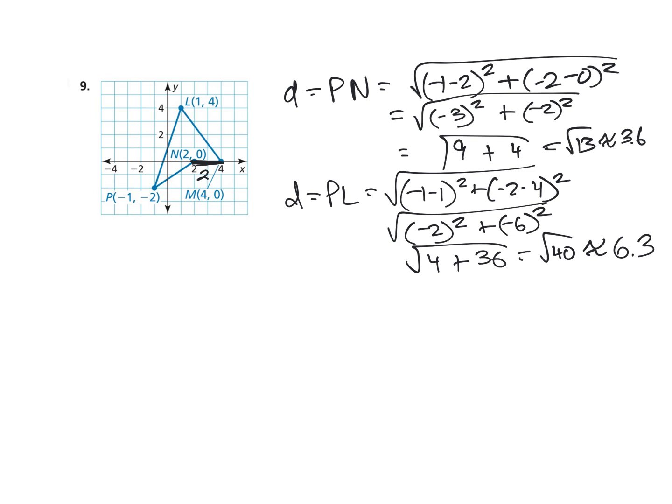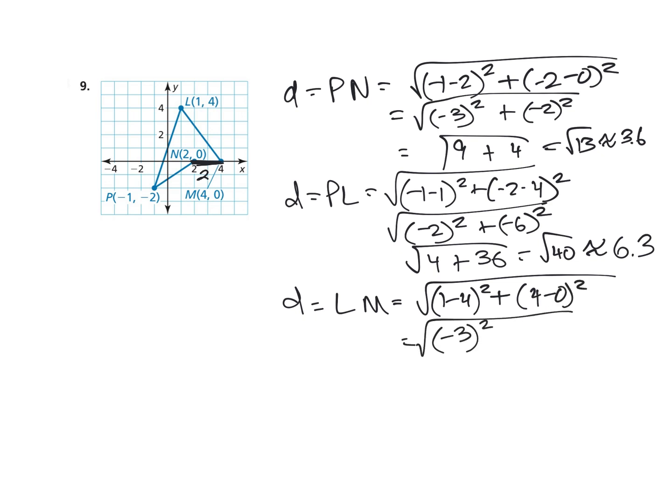And now you also need the distance from L to M. And notice it doesn't really take that long once you've learned this. So learn it so you're good at it. 1 minus 4, and 4 minus 0. So that's negative 3, and that's 4. So that's 9 plus 16, which is 25, which is 5.